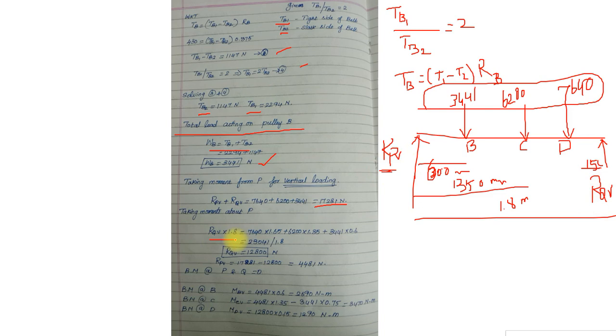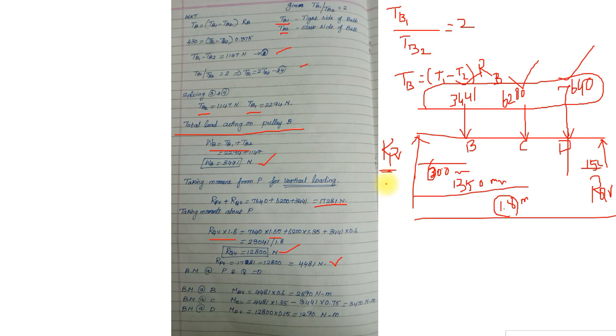So RQV into 1.8 is equal to 7640 into 1.65, plus 6200 into 1.35, plus 3441 into 0.6. If I multiply and get it, I get the value of RQV. Once I get RQ, I can subtract it from 17281. So 17281 minus 12800, I can get the RP value.